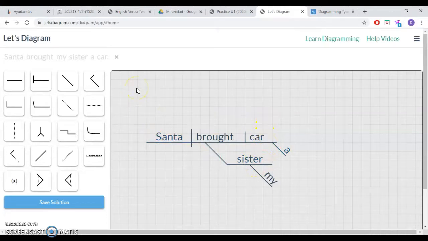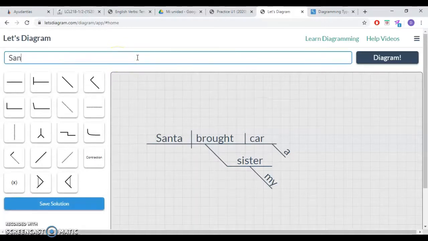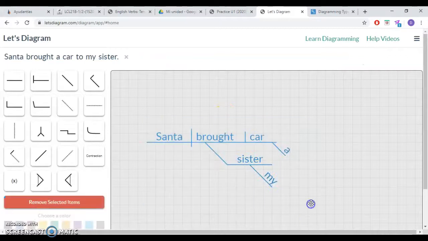You can play with the position of these two elements. For example, I can write Santa brought a car to my sister. Okay, I'm going to delete, I just have to eliminate this one.